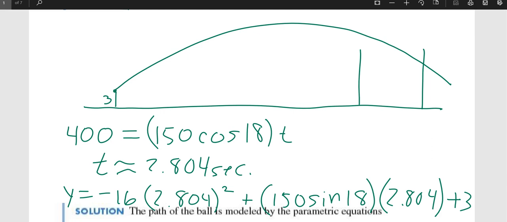Now, if this ends up being a negative number, that means the ball hit the ground before it even got to 400 feet, right? If this number's 0, that means it's actually striking the ground at 400 feet. Let's figure out what it is.